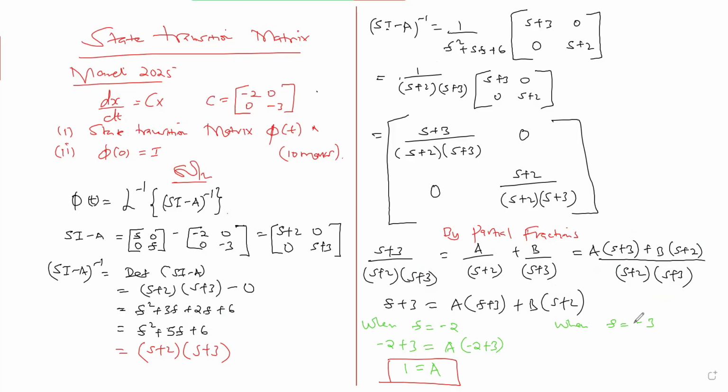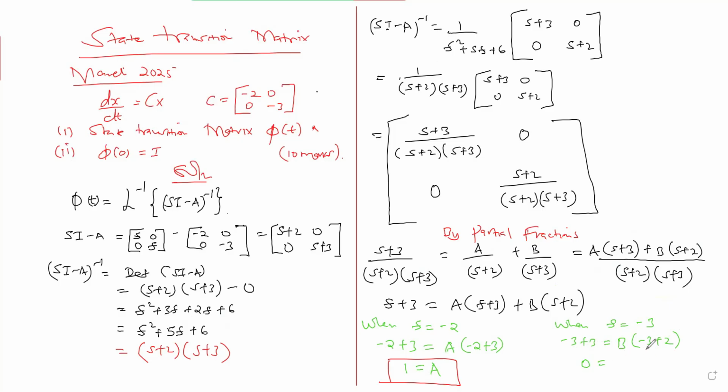So again, wherever there is s, put -3. So here it will be -3 plus 3, which equals 0, so this part will be 0. We remain with this: b times (-3 plus 2). -3 plus 3 gives you 0.